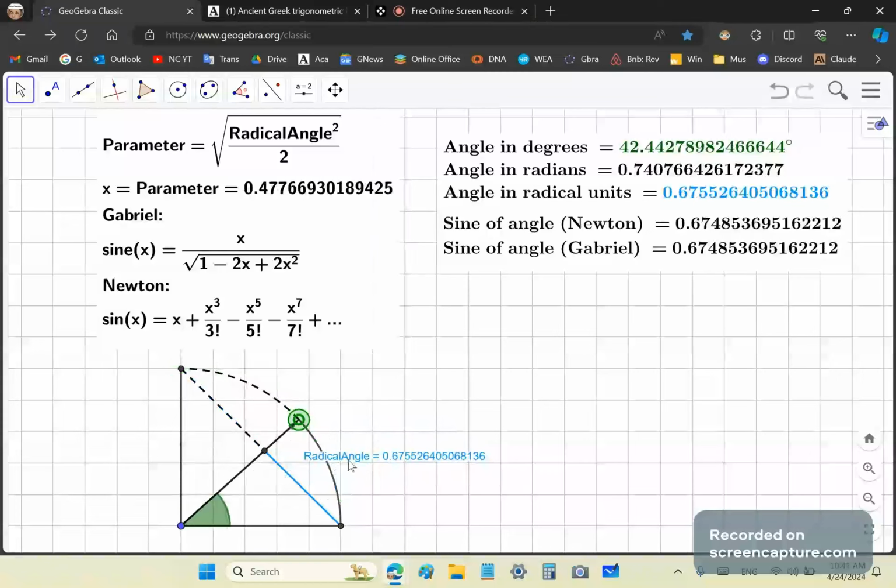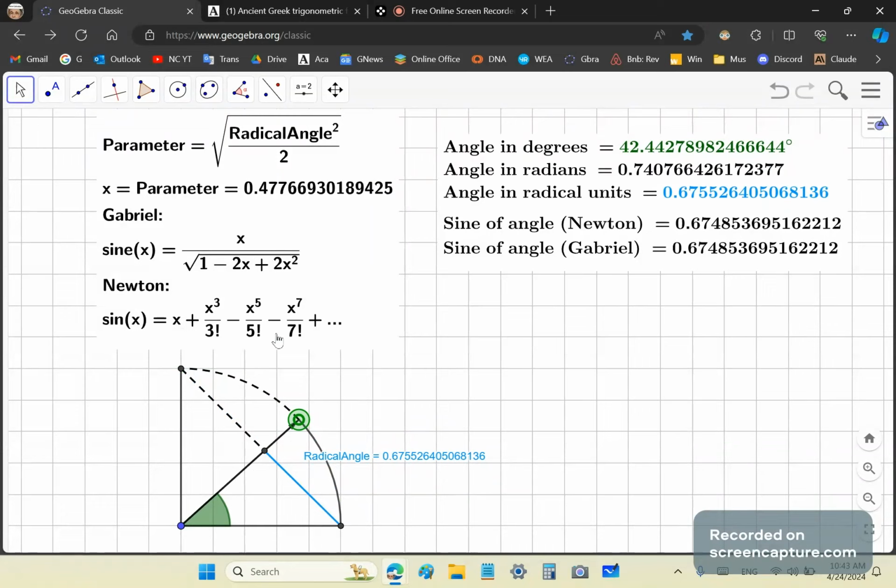Now, from this length, we obtain what's called a parameter, because all the Gabriel formulas are closed forms, by the way. Look at this. Closed form. It's x over the square root of 1 minus 2x plus 2x squared. And sine x of Newton's formula is a finite sum plus an ellipsis following it.